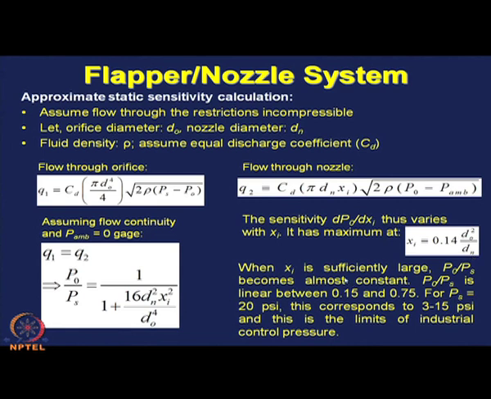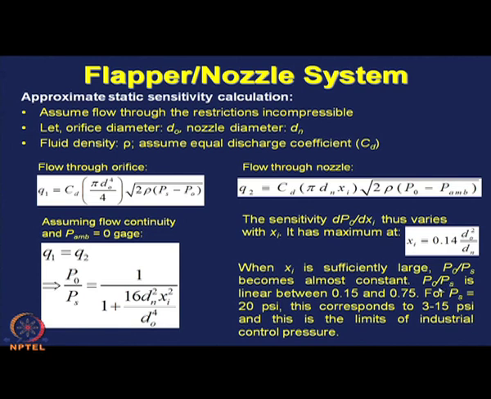When xi is sufficiently large, P0 by Ps becomes almost constant. So, for sufficiently large value of xi or sufficiently large displacement, P0 by Ps, which is the normalized output pressure, becomes almost constant, or in other words tends to saturate.